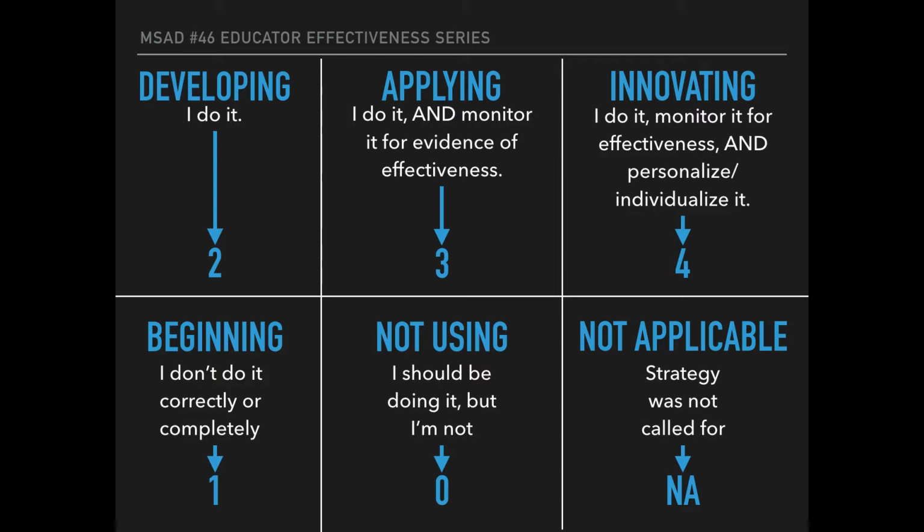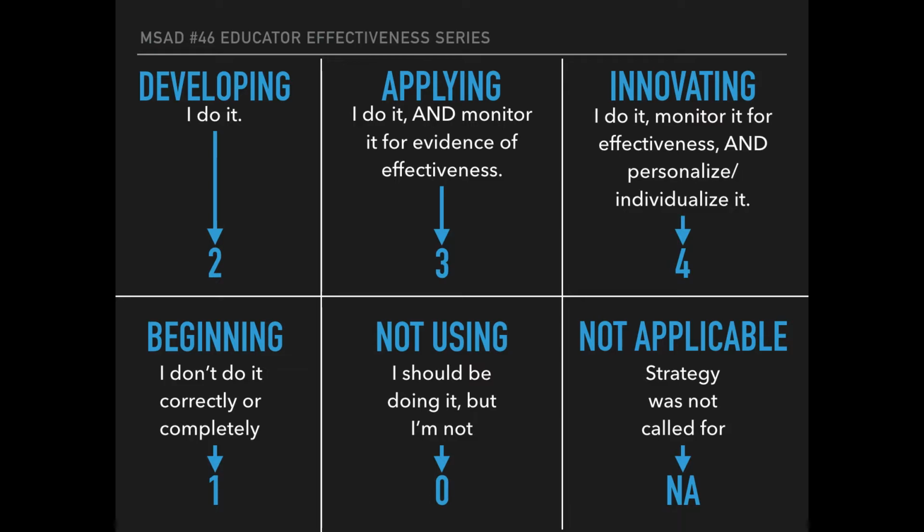The 4, or the innovating, is I do it, I monitor for effectiveness, and I personalize or individualize it. So when you're doing your self-assessment and you ask the question, well, I do it, okay, so I'm at a 3, well, are you? Ask yourself, do I monitor for evidence of effectiveness for the majority of students? If so, then you're a 3. If you just post your learning goals and scales and you don't monitor for effectiveness, you're probably at a 2.